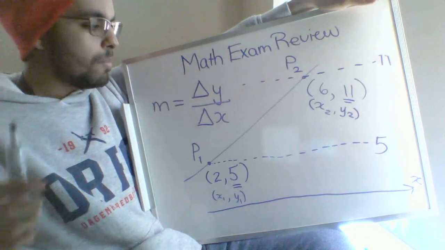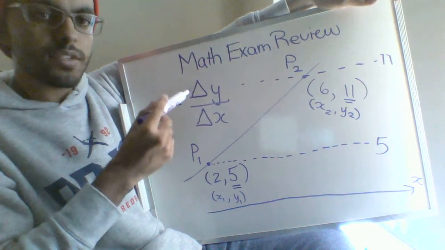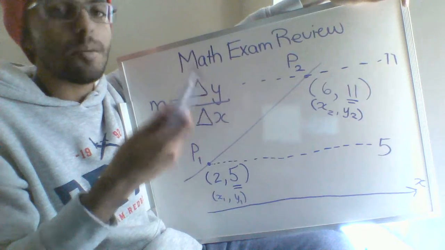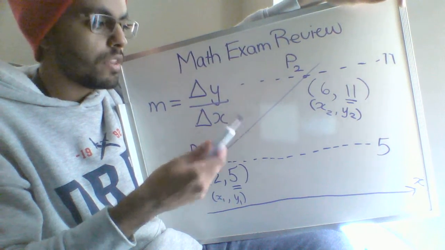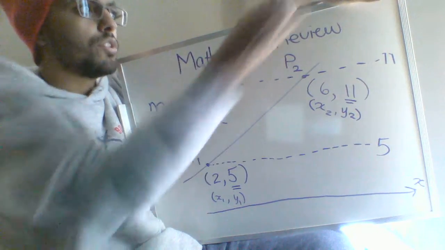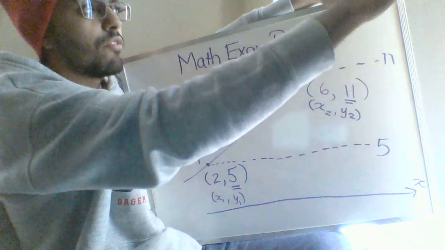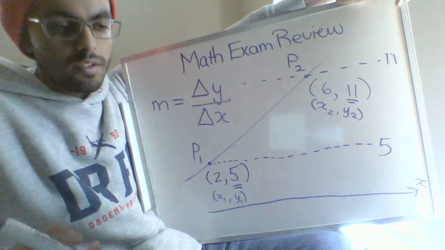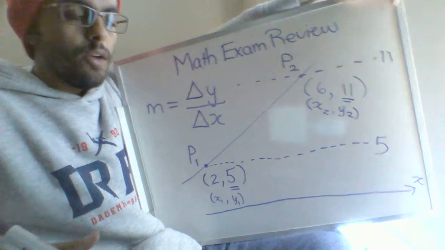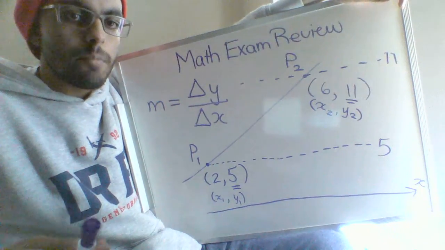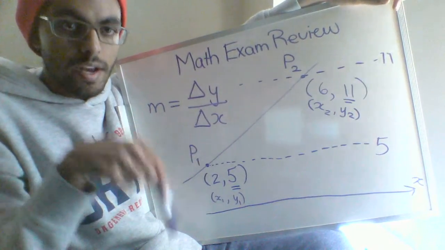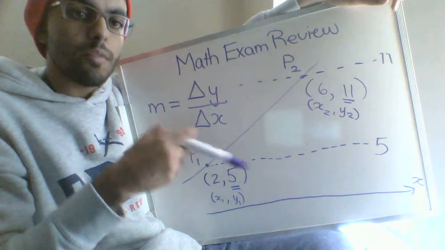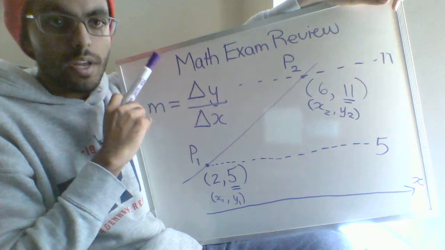So remember that a change in something, for instance a change in temperature: if I say the change in temperature from this morning to this afternoon was 8 degrees, then when calculating it, I start with the final temperature, the temperature right now, and subtract from it the temperature this morning.